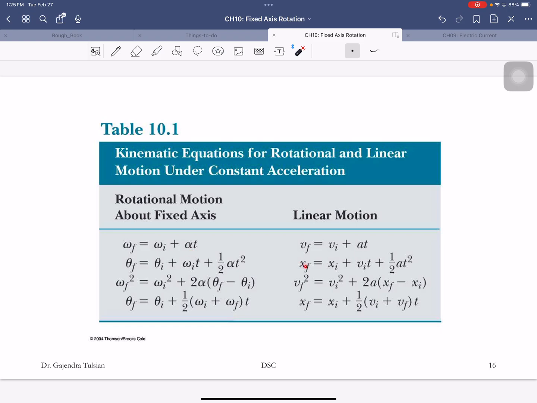This is final angular position as a function of time. This was final angular velocity squared as a function of displacement, or as a function of position. And this is the average velocity.